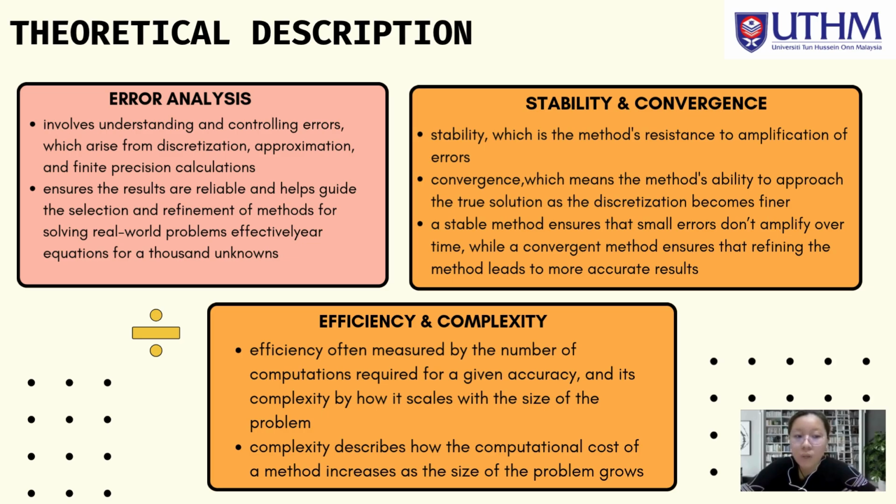Efficiency refers to how quickly and economically a numerical method can achieve a desired level of accuracy. Complexity describes how the computational cost of a method increases as the size of the problem grows. Together, these concepts help evaluate the practical performance of numerical algorithms and guide the selection of suitable methods for real-world applications.